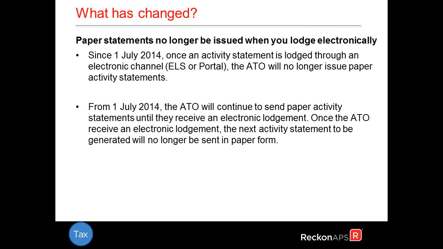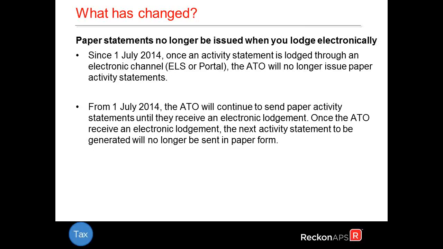That's an important point, because if you are currently receiving paper activity statements for your clients, and you are preparing as an agent, preparing those activity statements and lodging them on behalf of the client, you need to be very careful how you lodge those activity statements. Essentially, in effect, what the ATO is saying here is if you are receiving them in paper form, you must lodge them in paper form.